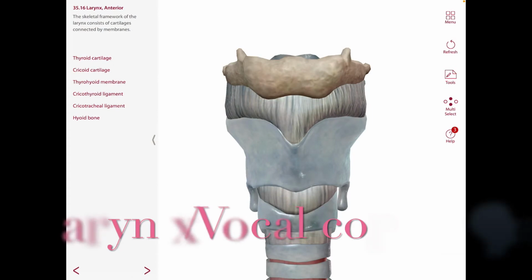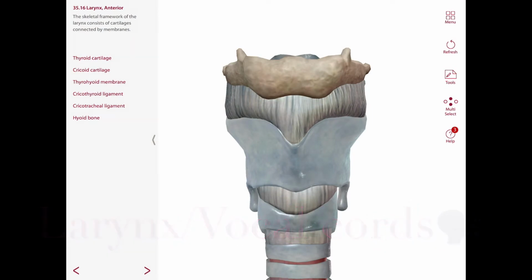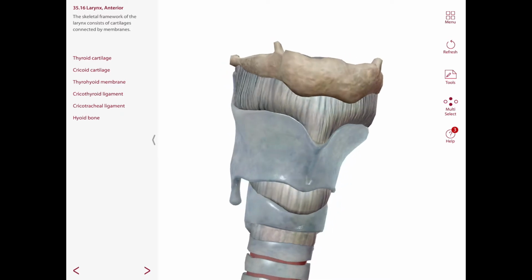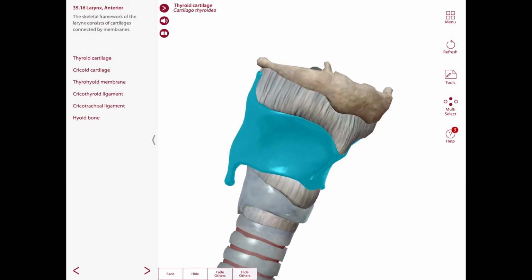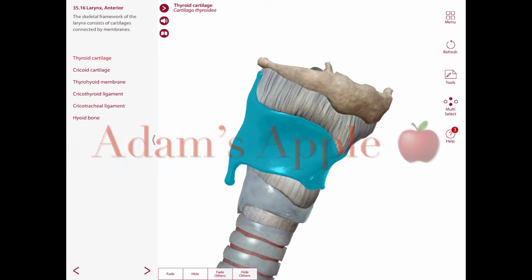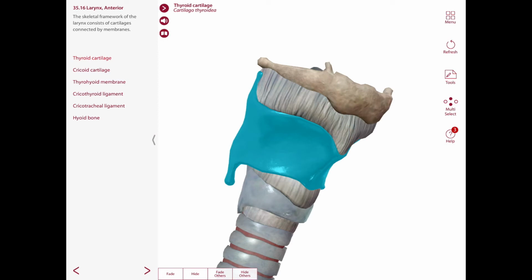The skeletal framework of the larynx consists of cartilages connected by membranes, but in general, the larynx is also known as the voice box. In here, we're going to find several cartilages, such as the thyroid cartilage, which is the largest of the three anterior wall cartilages, and it's also commonly known as the Adam's apple.